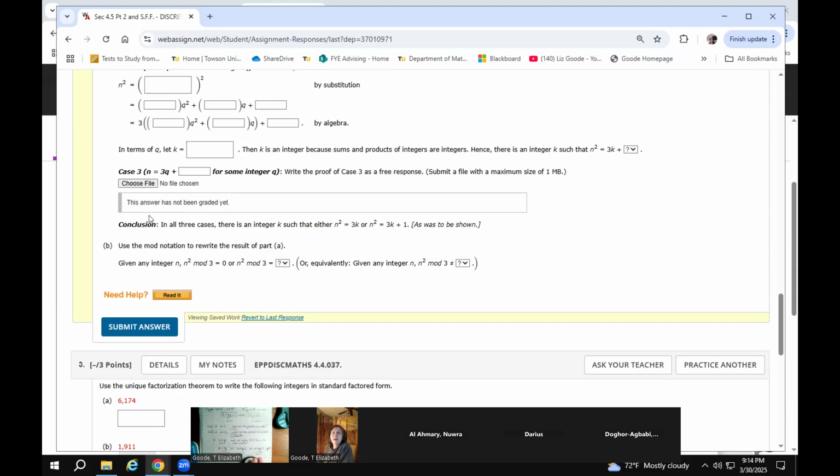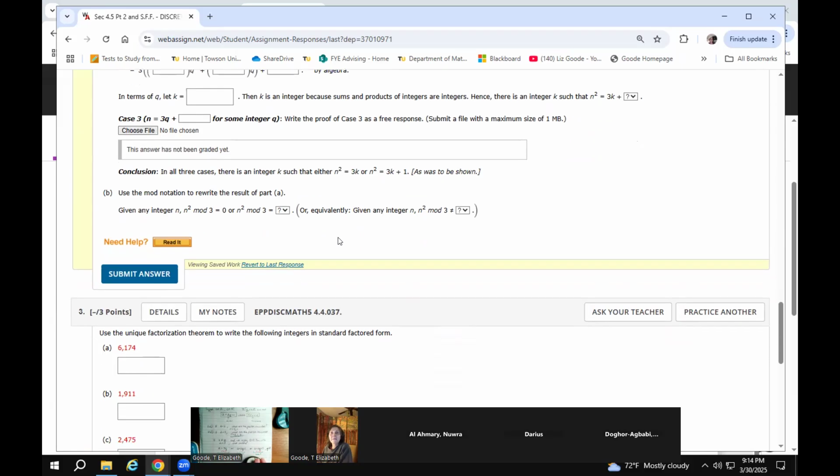It will be. So you don't have to worry about uploading a file, but if you choose to, just write it and make a PDF. I've already explained how to do that with the proof portfolios. Just make a little PDF or a JPEG, use your phone, take a picture of it, and you can upload case 3. That way I can take a look at it. Okay?